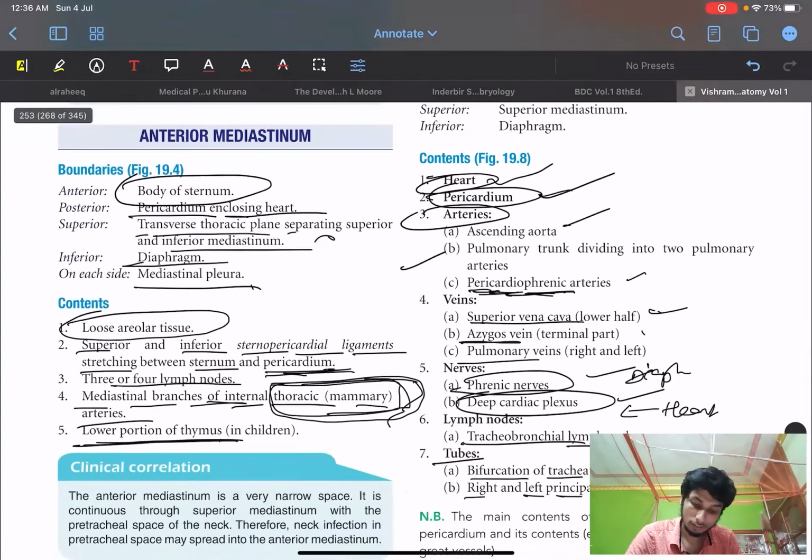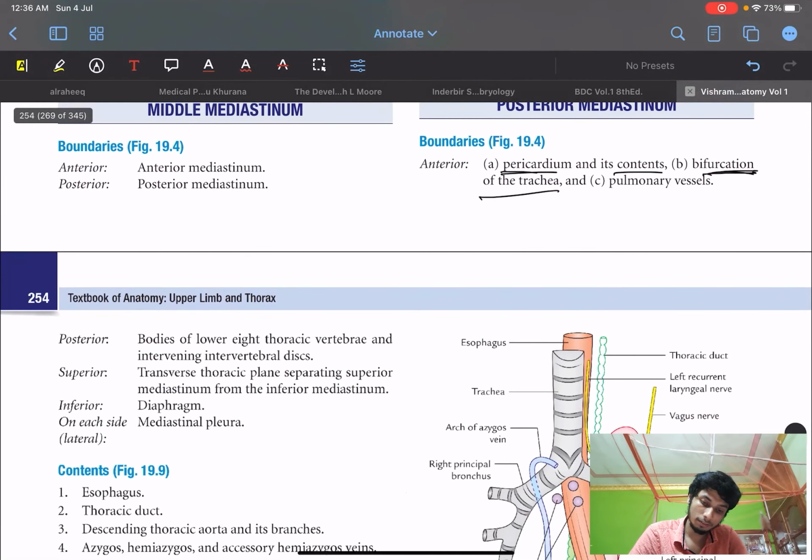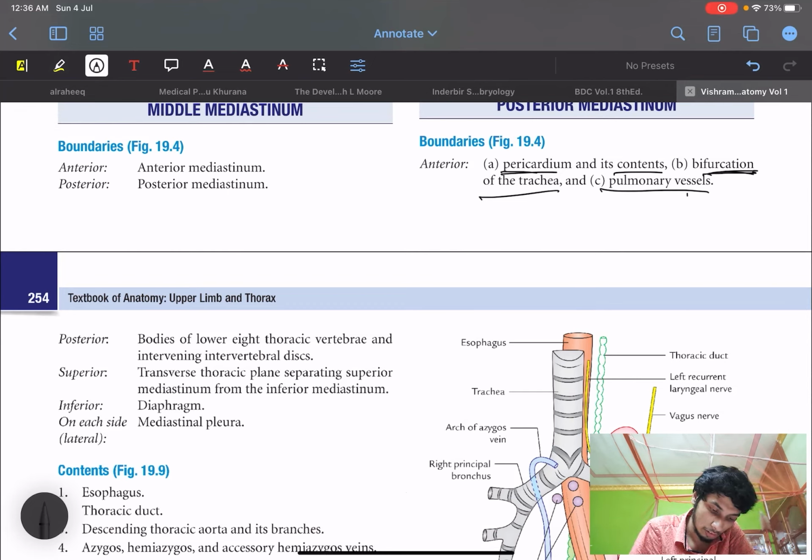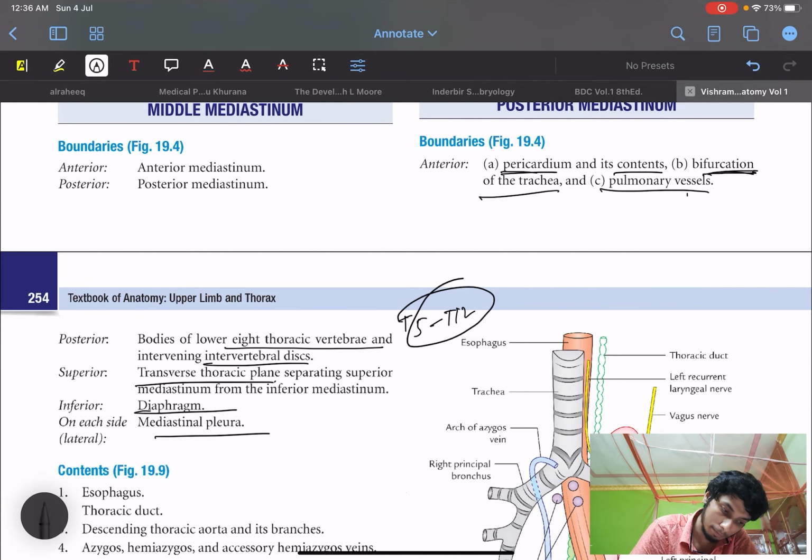Discussing further, there are also pulmonary vessels that you have to remember. Posteriorly, the bodies of 8 thoracic vertebrae, T5 to T12, and the intervening intervertebral discs. Superiorly the transverse thoracic plane, inferiorly the diaphragm, and on the sides the mediastinal pleura. Easy, same.